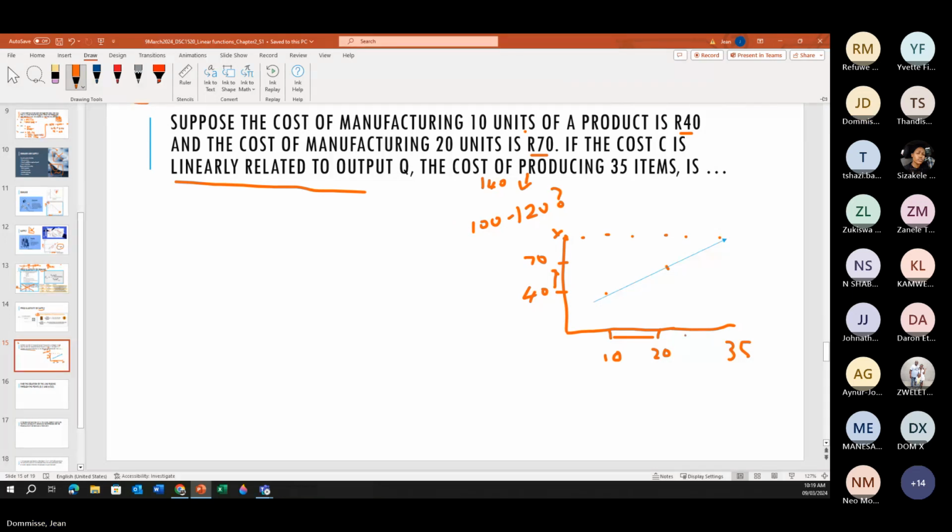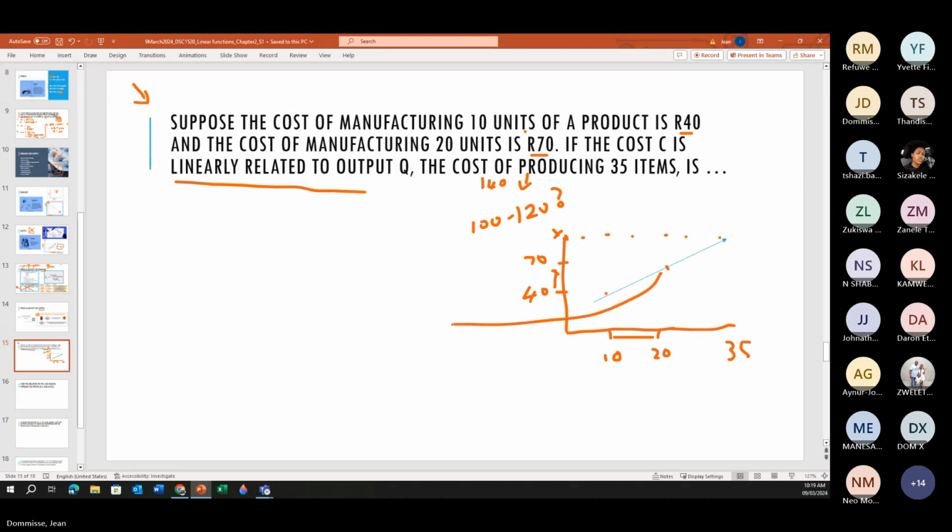Okay, but what we will need to work out is the slope, and then we will use that slope in our formula, and we will put in the 35 as your Q so that we can work out price. So let's quickly write this down.